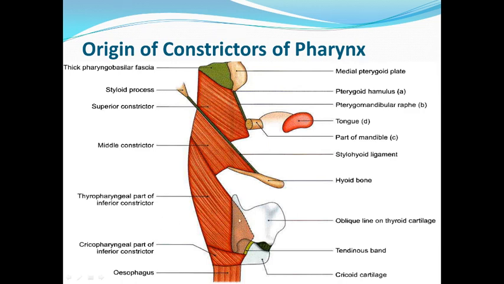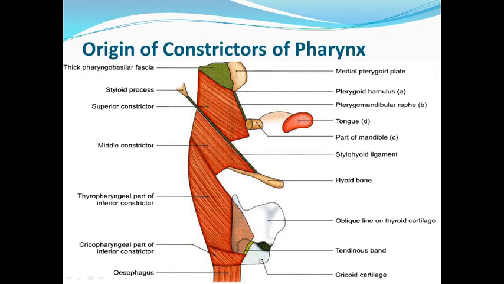You can trace the origin of the thyropharyngeus very easily: it originates from the thyroid cartilage. You can see there is an oblique line on the thyroid cartilage, and from this oblique line the thyropharyngeus will originate, and the cricopharyngeus will originate from the cricoid cartilage.